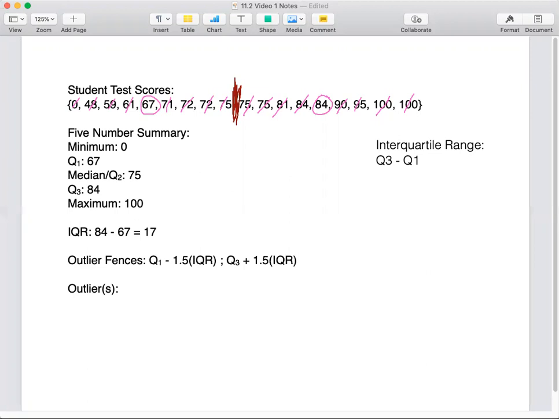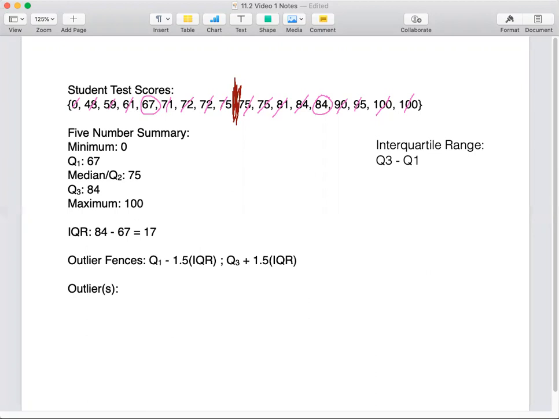And what this does for us is give us upper and lower bounds, respectively, as to what we will call an outlier in our data set. So our Q1 value minus 1.5 times our interquartile range and our Q3 value plus 1.5 times our interquartile range will be those lower and upper bounds.